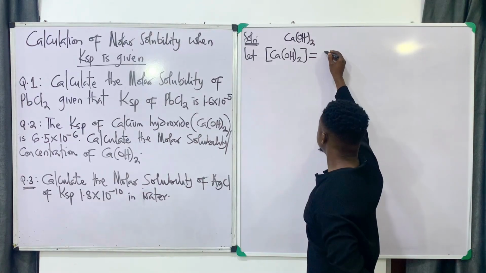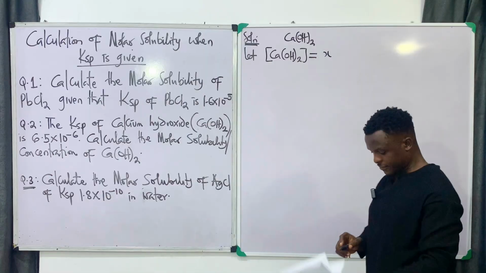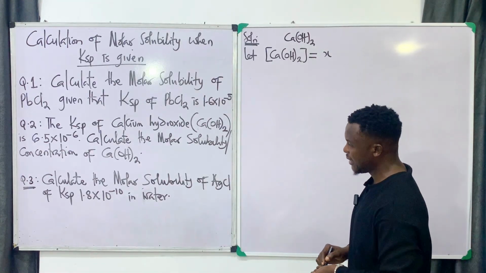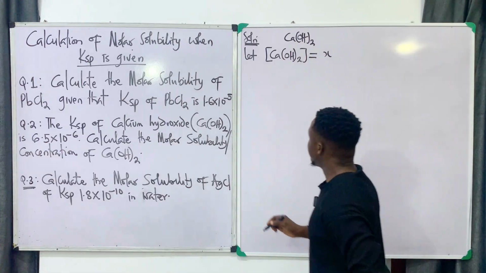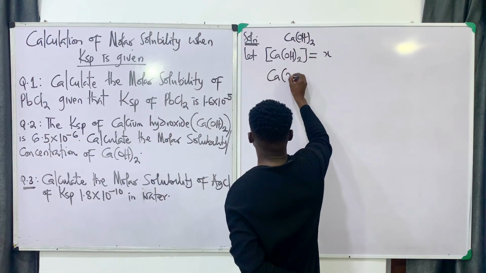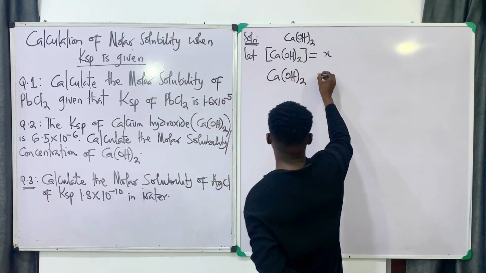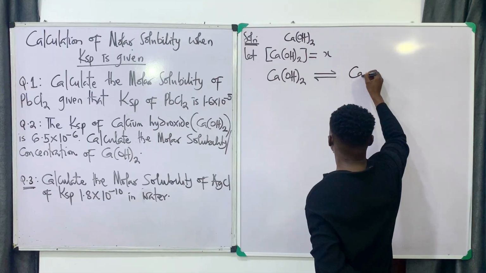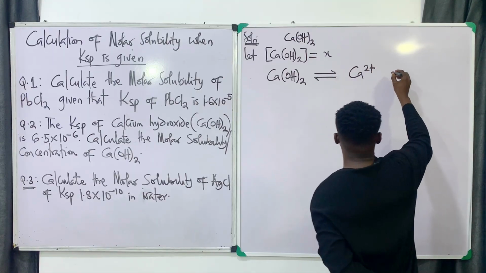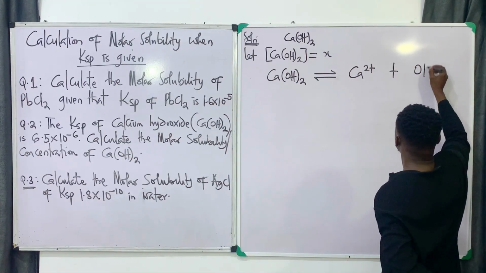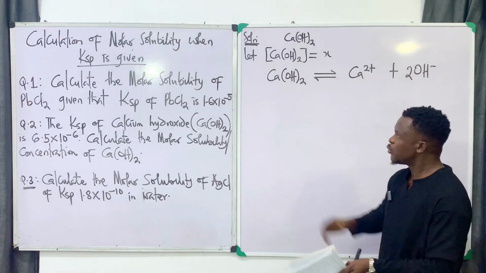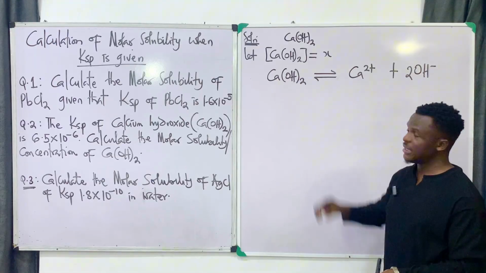So let the concentration of this be equal to x. All right. So the next thing we're going to do now is, calcium hydroxide is Ca2+ and OH-. But we do not know the value of this. That is why we made it x.